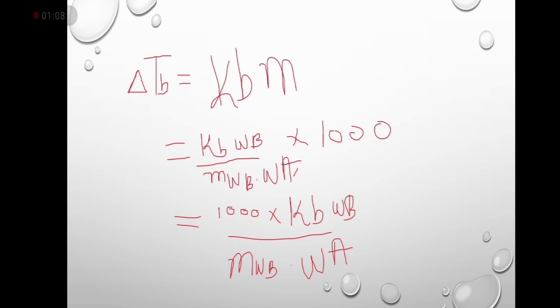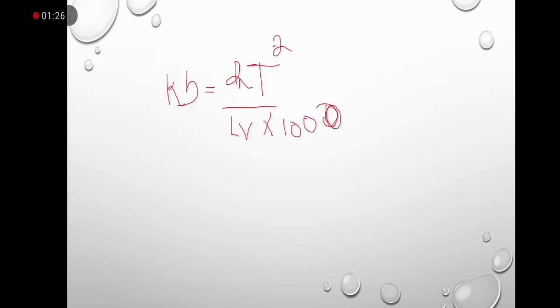If we know the elevation in boiling point, and if we know the weights of the solute as well as the solvent, then we can easily calculate the molecular weight of the solute. Here Kb is equal to RT square by LV into 1000, where R is the gas constant, T is temperature, and LV is the latent heat of vaporization.